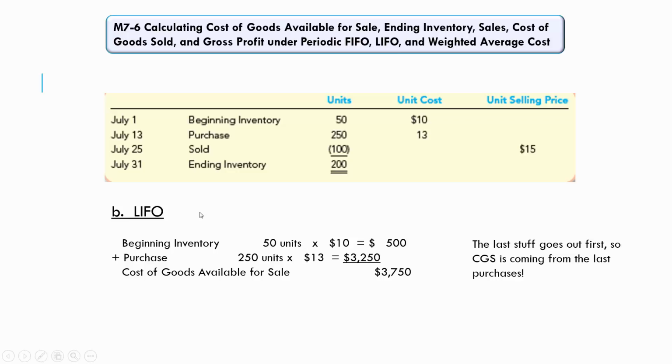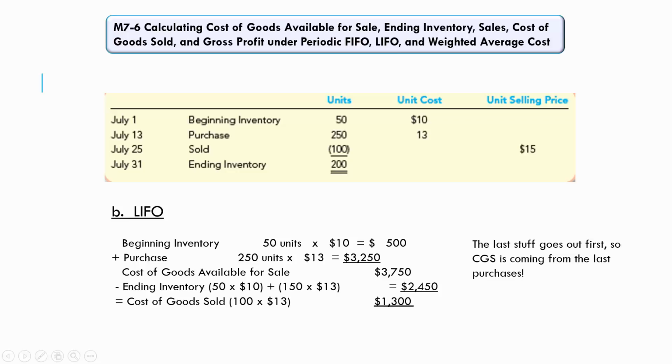Under LIFO, again, you're going to still come up with this 3750 for goods available. The difference is going to show up in our cost of goods sold, because the last stuff in is going to be in this selling of 100. So the last stuff in came from July 13th, and we're going to sell 100 of those items at 13. So they cost 100 times 13, or 1300, is going to be the cost of goods sold number.